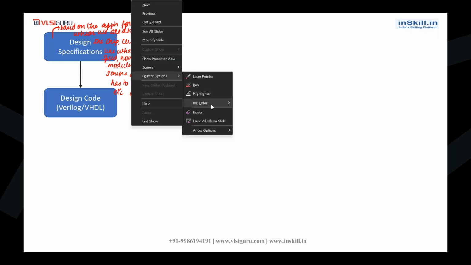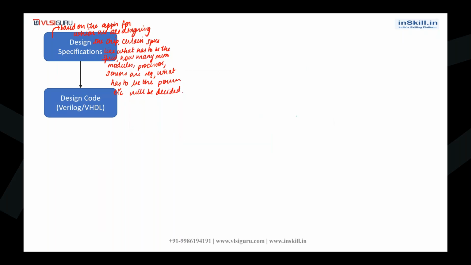So, design code, what will happen? The design team will write the design code of the chip.